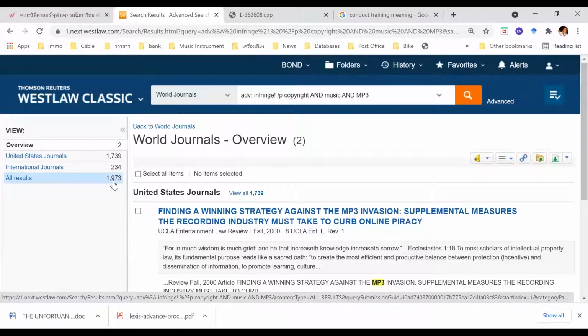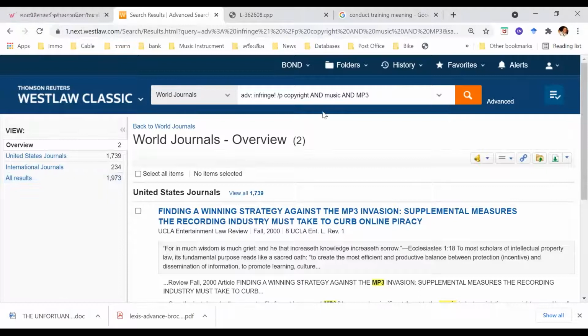And I think another word choice should be found in the same paragraph too, because the idea is, can I change music from the audio to MP3? This kind of word has to be found in the same sentence too. So just change this word to /p again, and start searching. You look at that, the results are more narrowed down.